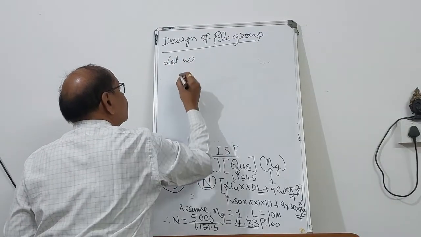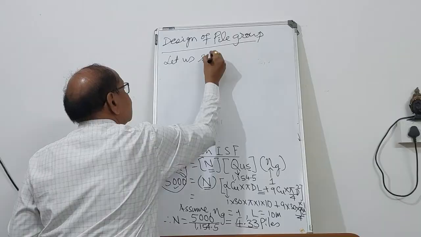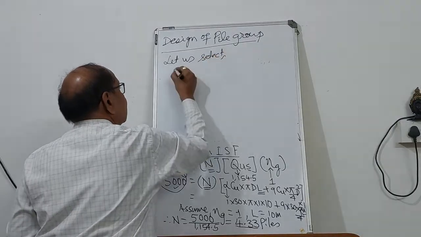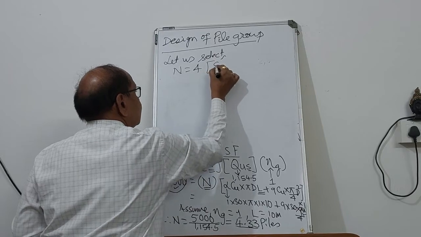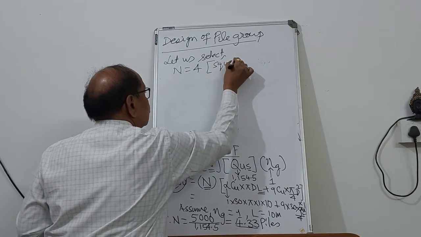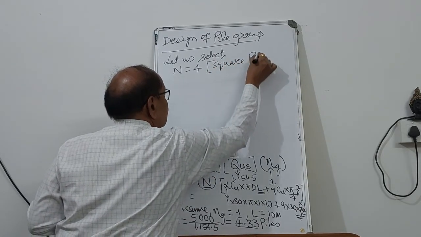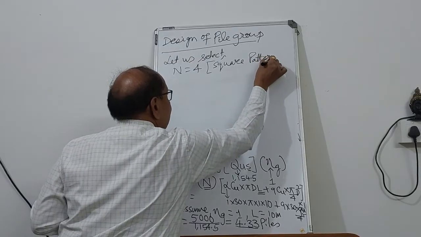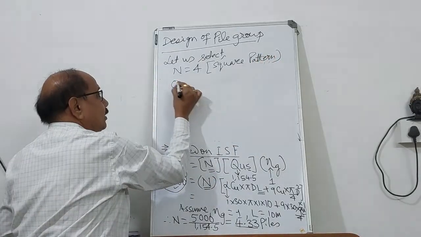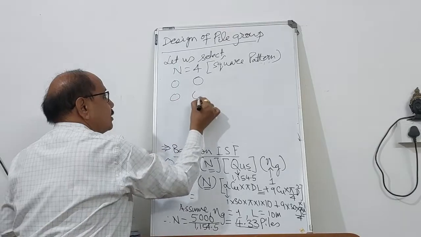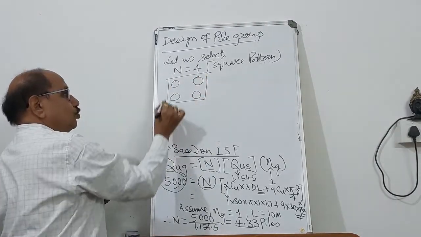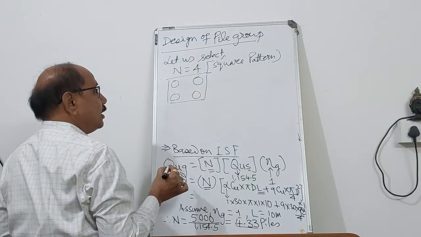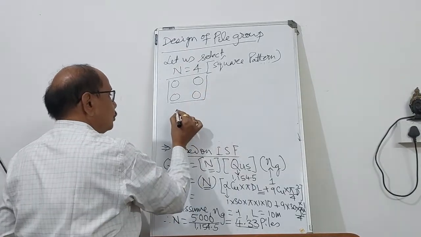Let us select n equal to 4, square pattern. So if it is going to be a square pattern, naturally you are going to add the piles in this fashion. So 4 piles in a square pattern, 2 by 2.